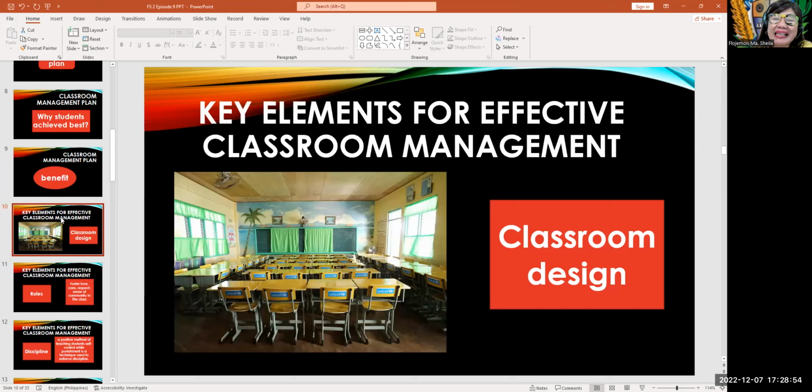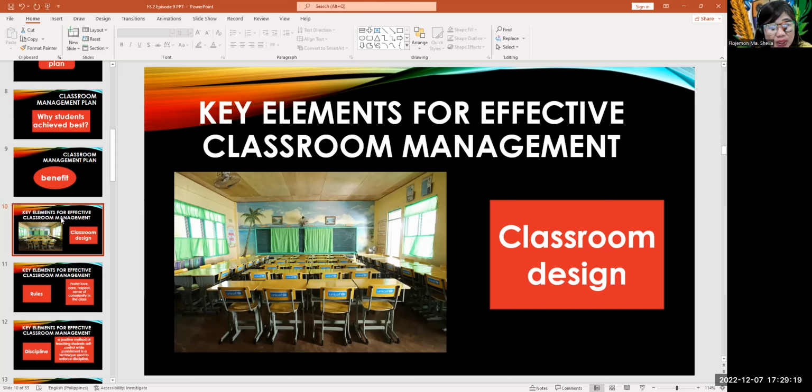Next, we are now in the key elements for effective classroom management. Okay. Looking at the picture, we are referring to classroom design. So when we say classroom design, we are talking about the seating arrangement inside the classroom.